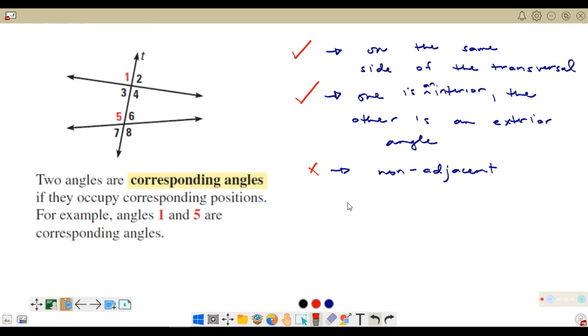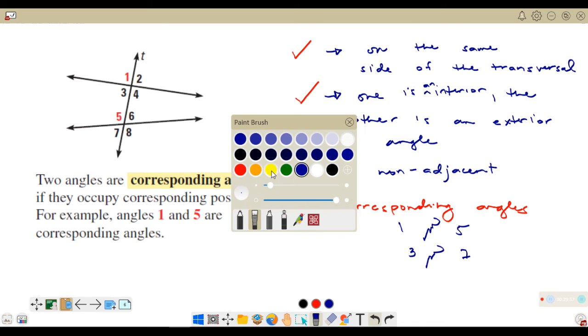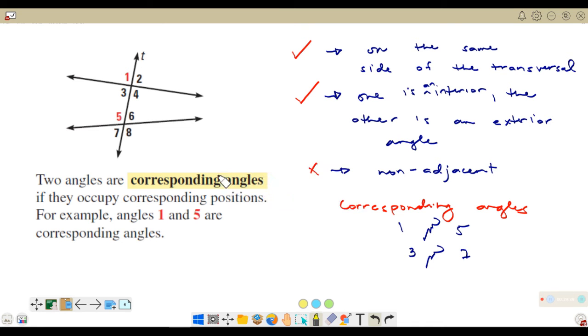So, pangalanan natin lahat ng corresponding angles. Siyempre, given na sa example, 1 and 5. Another is 3 and 7. Lagyan natin ng pamanda. Si 3 at saka si 7.